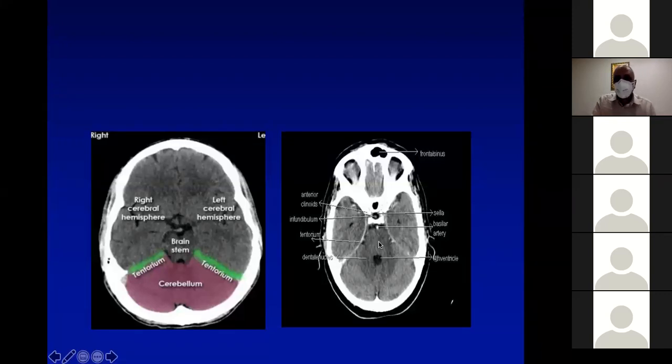The brainstem is composed of midbrain, pons, and medulla oblongata. And posterior to the brainstem is the cerebellum, right? And then these are again a few labeled points. The frontal sinus, this is the pituitary fossa, this is the pituitary infundibulum.